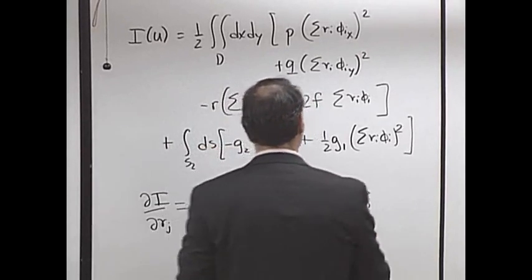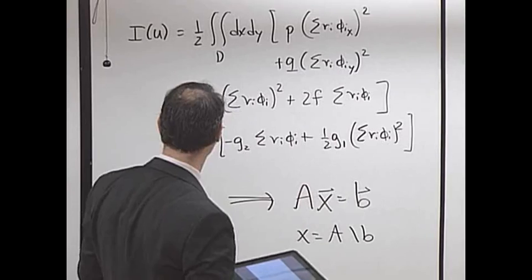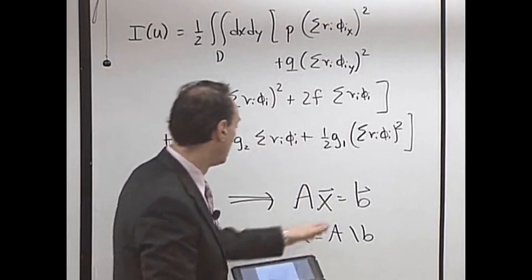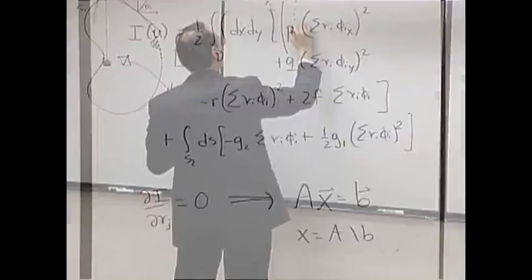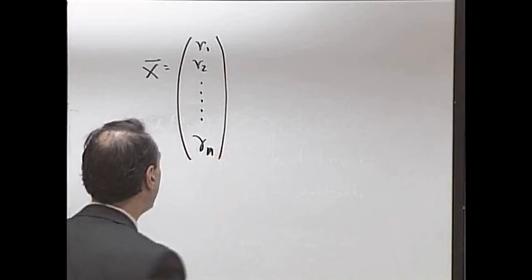So first of all, what are the things I'm actually trying to determine? Well, the things I don't know here are these gamma i's. Okay, so actually your x, and by the way, I'm only going up to the nth component.